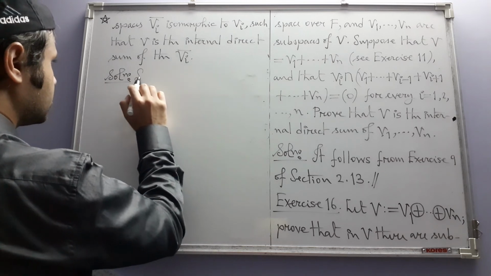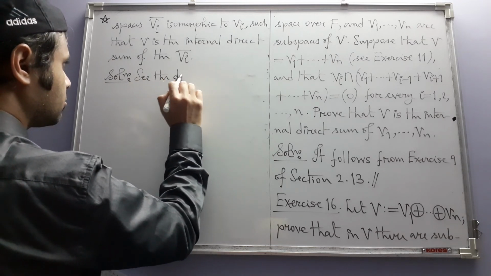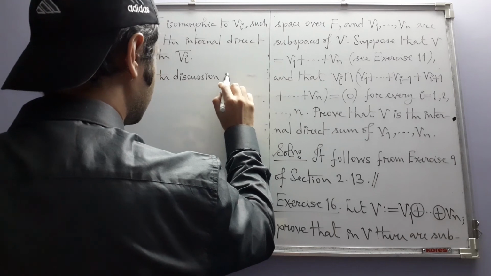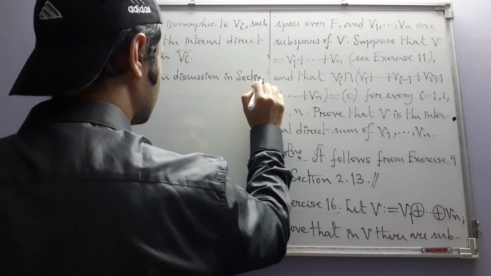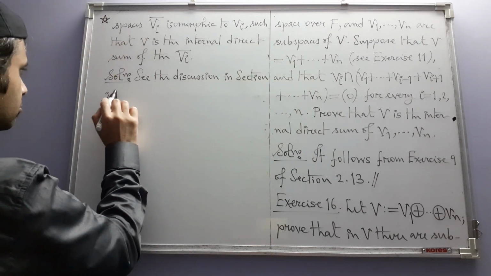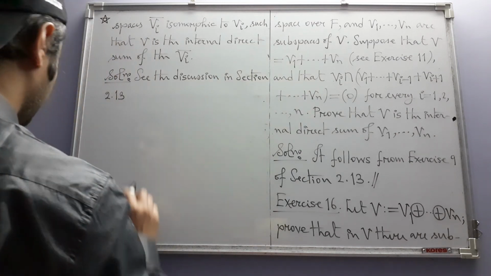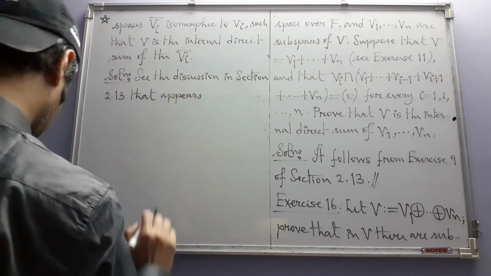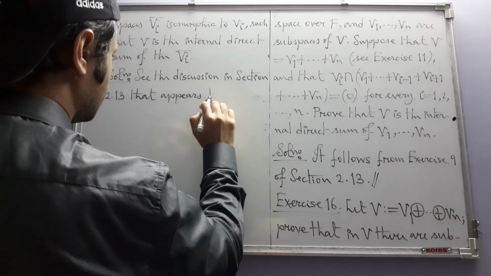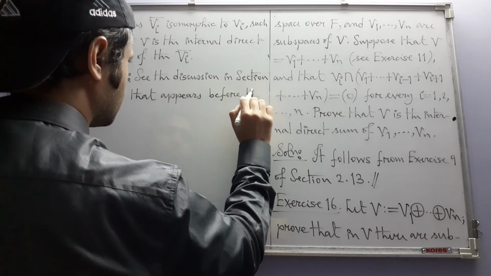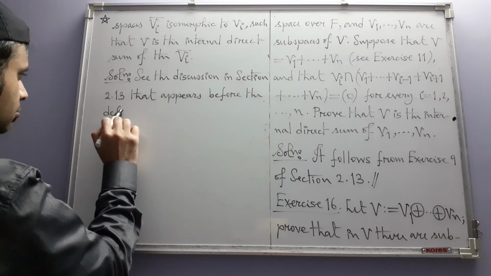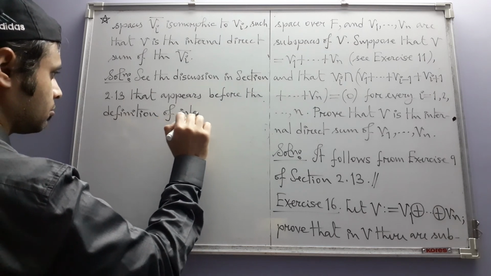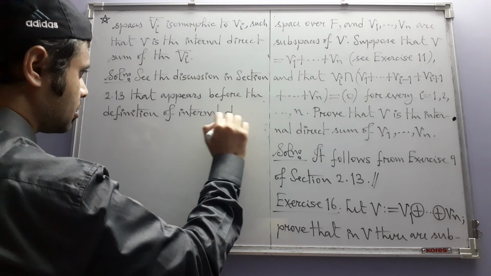See the discussion in section 213 that appears before the definition of internal direct product.